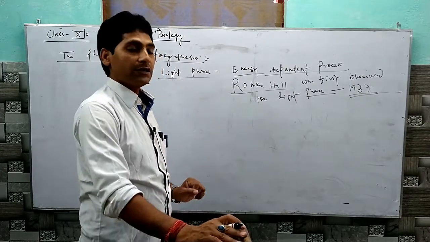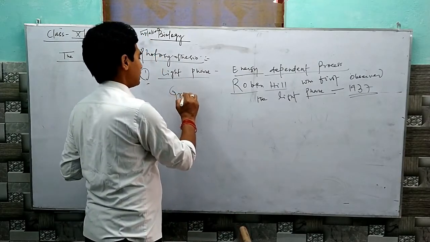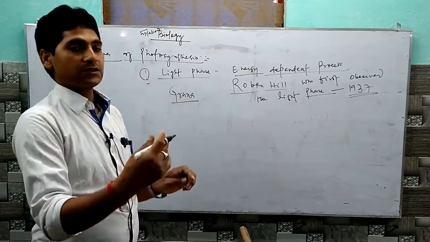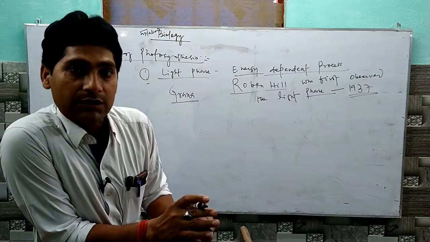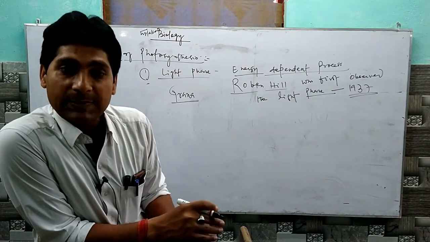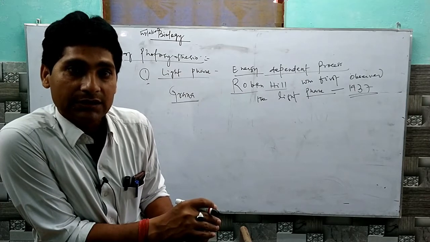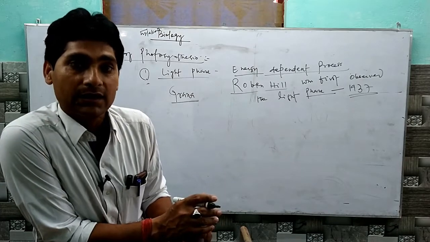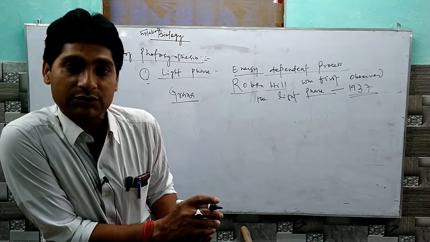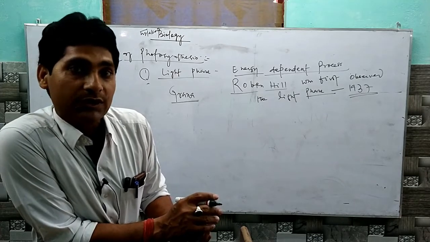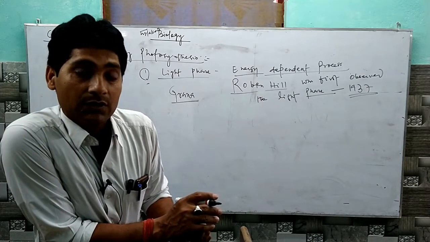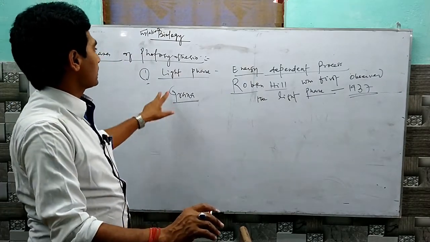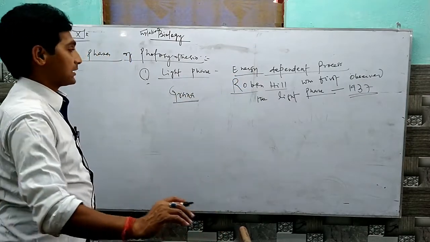It occurs in the grana of chloroplast, because the grana, as I just stated, is transparent in nature, and it has an abundance of chlorophyll and other photosynthetic pigments, that is carotene and xanthophyll. So, grana is the region of chloroplast where the light phase takes place.